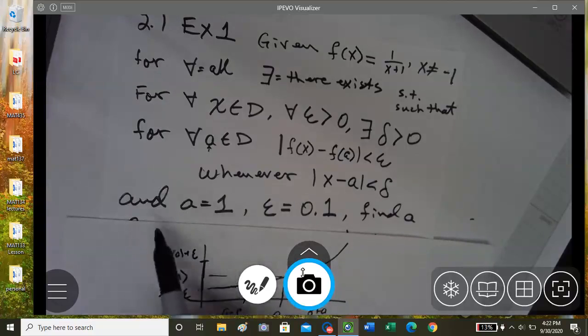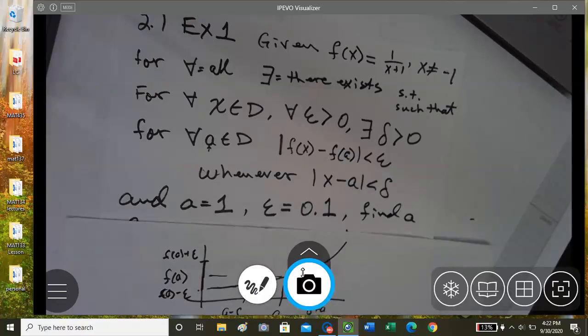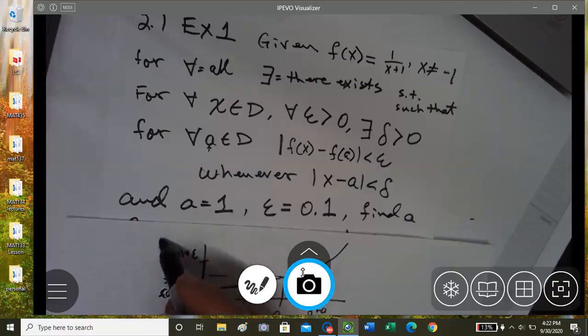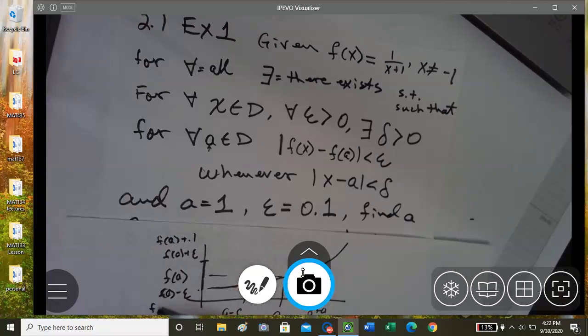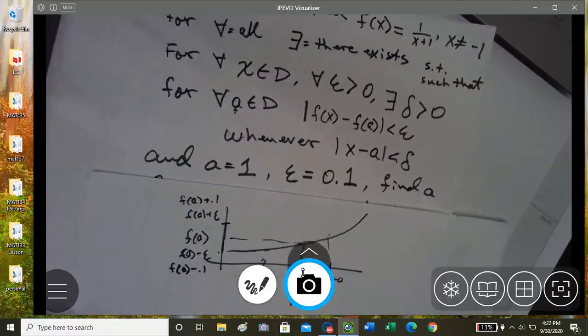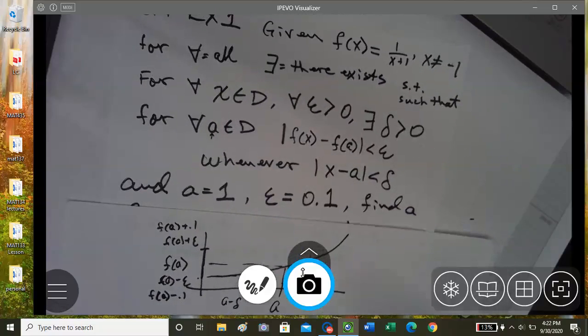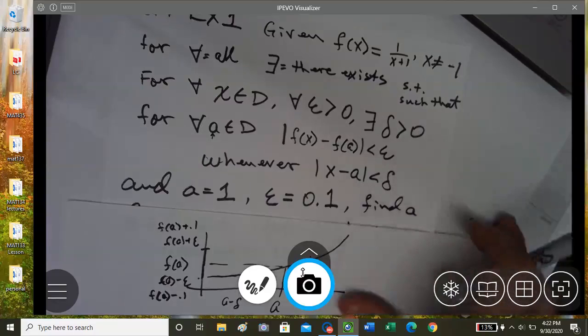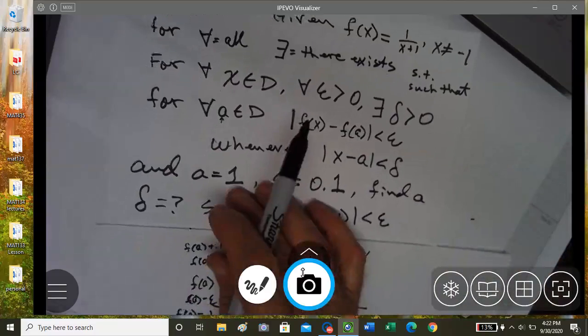All right, so we're saying a is 1, and epsilon is 0.1. So this would be f(a) plus 0.1 and f(a) minus 0.1. Okay, find a delta.